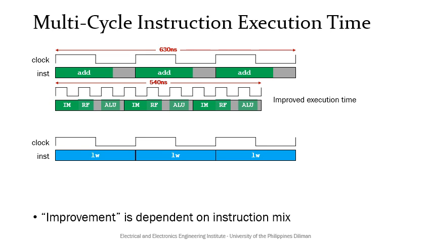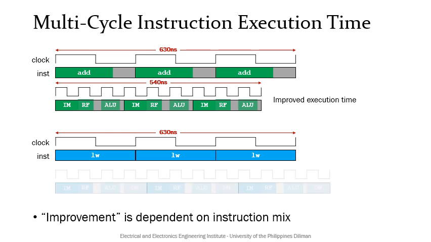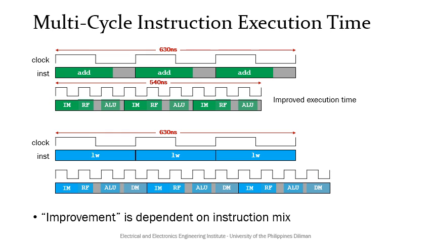Now consider another set of 3 instructions, but this time, all of them are load words. Again, with a single cycle implementation where each instruction finishes in a single cycle, the 3 load words will finish after 3 times 210 nanoseconds or 630 nanoseconds. However, load words need 4 of the identified steps to finish: IM, RF, ALU, and DM. Thus, 3 load words will need 3 times 4 or 12 clock cycles to finish.